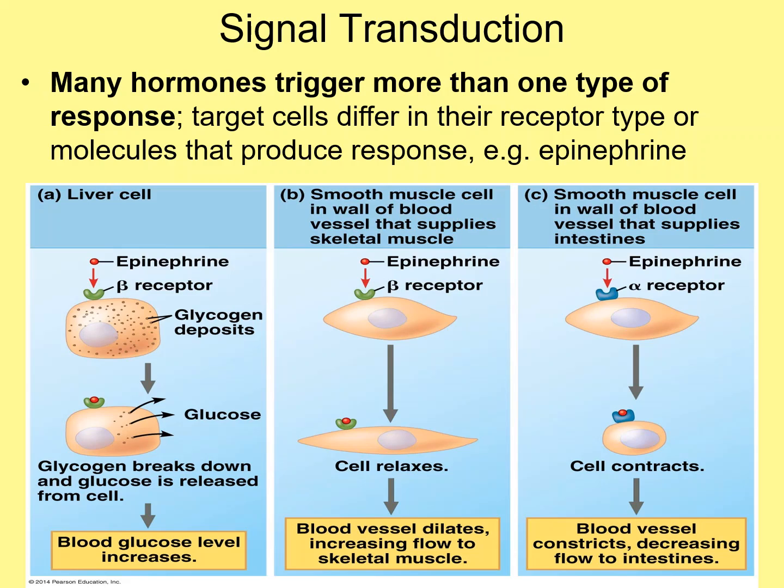At the same time, they're binding to different receptors on smooth muscle that lines our blood vessels, but in this case, the smooth muscle cells are regulating the blood supply to our intestines. And they're lining basically those precapillary sphincters, right? So by binding to these receptors, it actually causes a different response because it's binding to a different kind of receptor. And so instead of relaxing, the smooth muscle cell contracts.